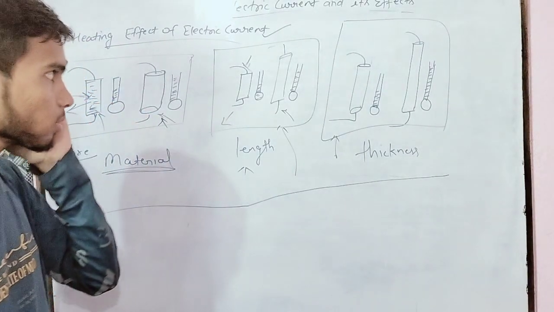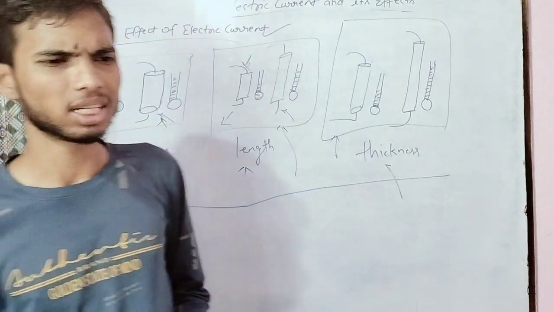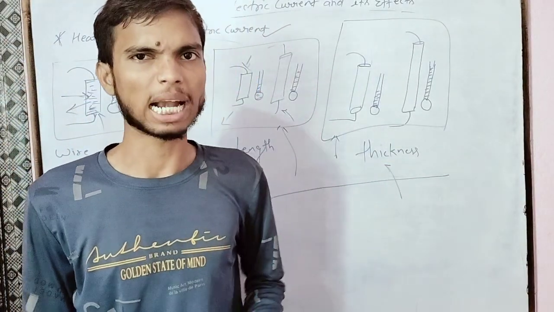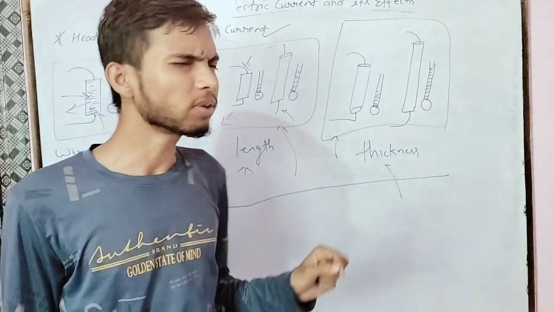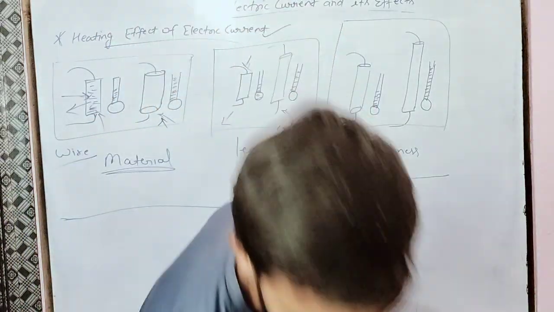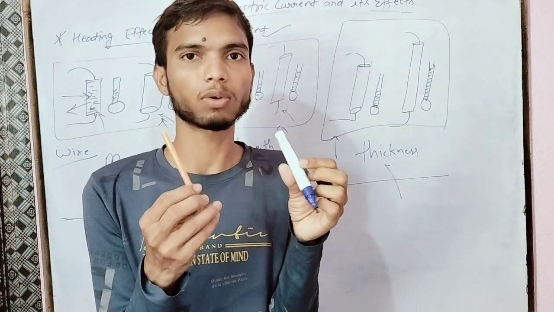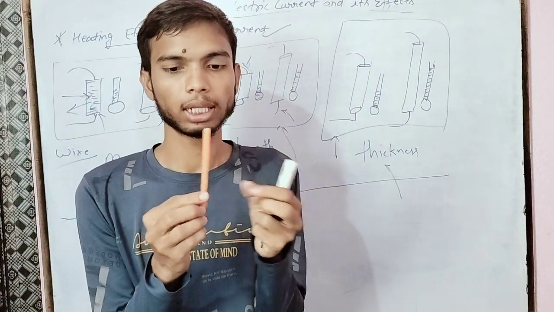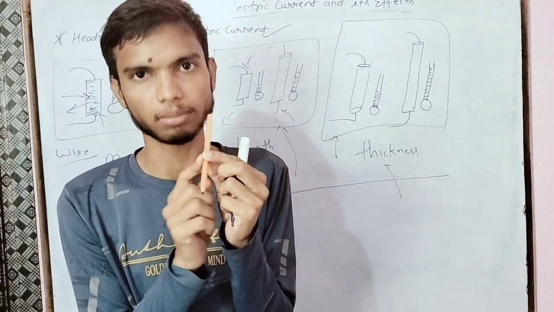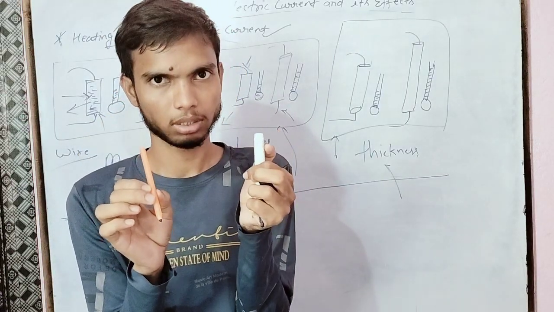Okay, now based on thickness, it is very simple to understand. How? Let's say the thickness of this marker compared to this pen is more. The thickness of this pen is less compared to this marker.